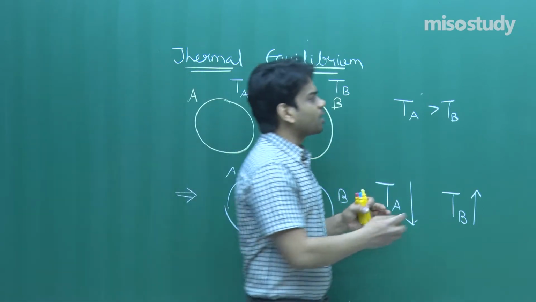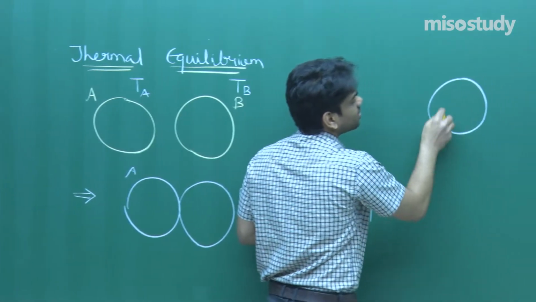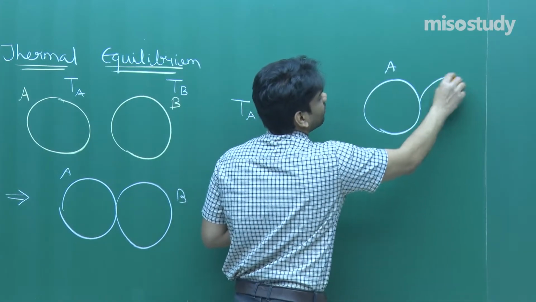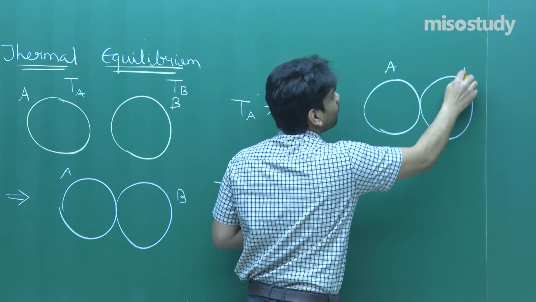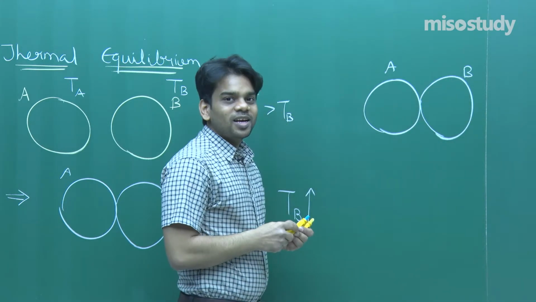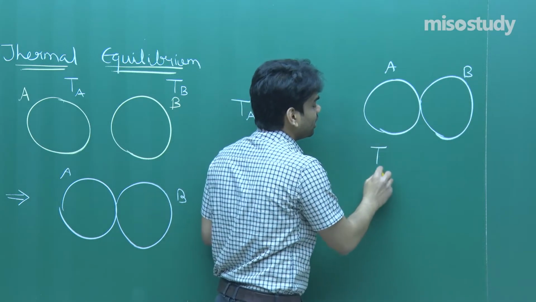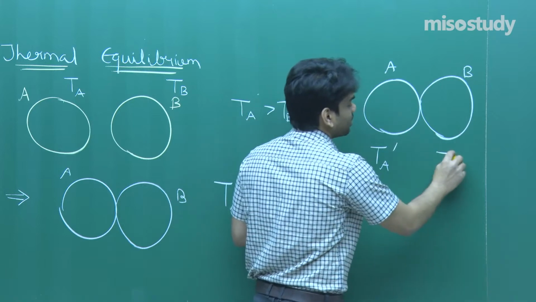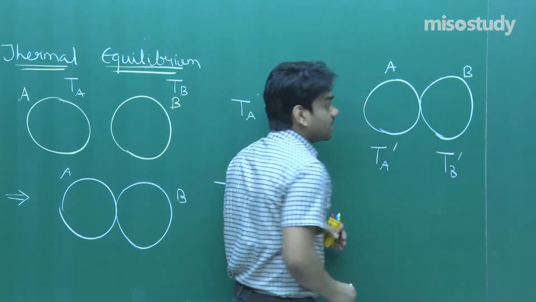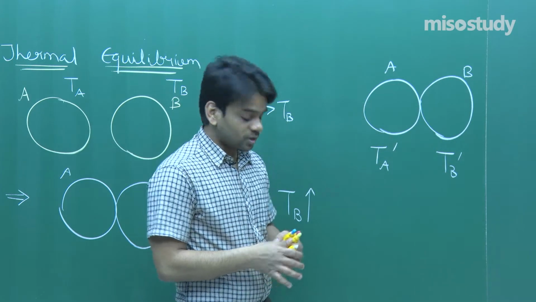So at one point of time, after attaining thermal equilibrium, let's say temperature of A is T dash A, temperature of B is T dash B, there will be no exchange of heat further.